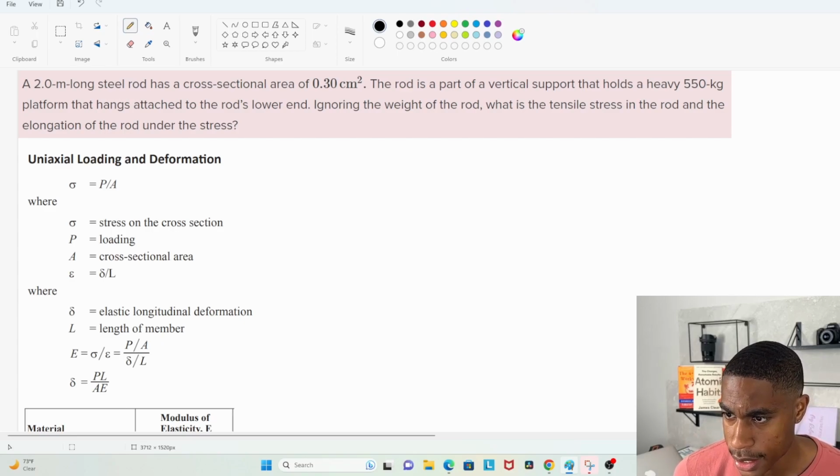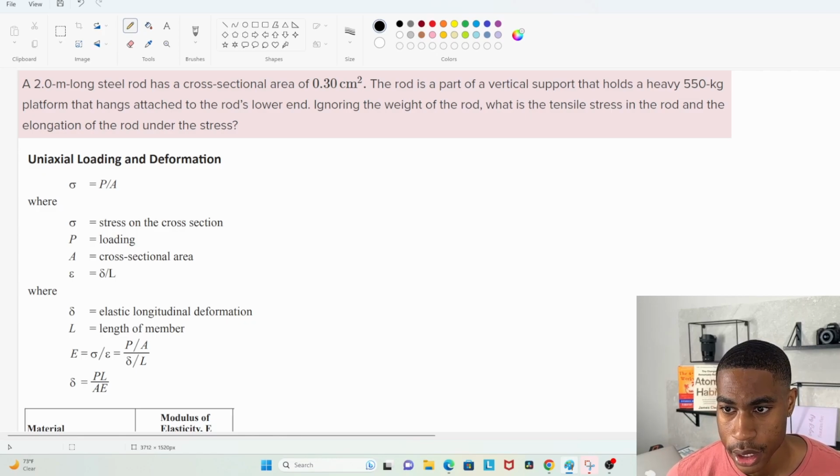The rod is a part of a vertical support that holds a heavy 550 kilogram platform that hangs attached to the rod's lower end. Ignore the weight of the rod. What is the tensile stress in the rod and the elongation of the rod under the stress?